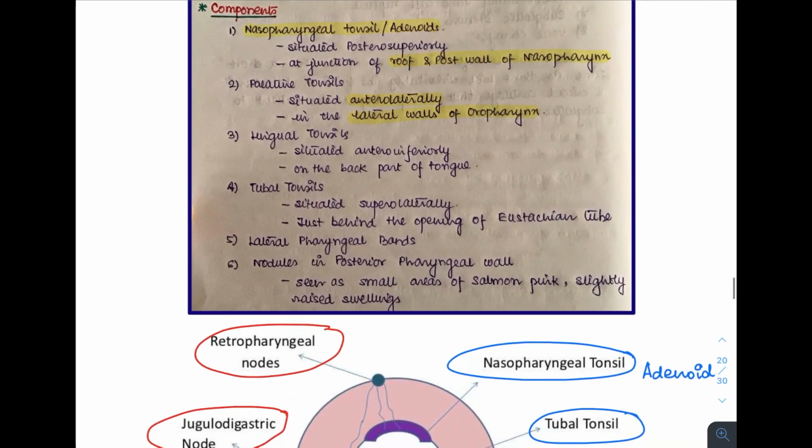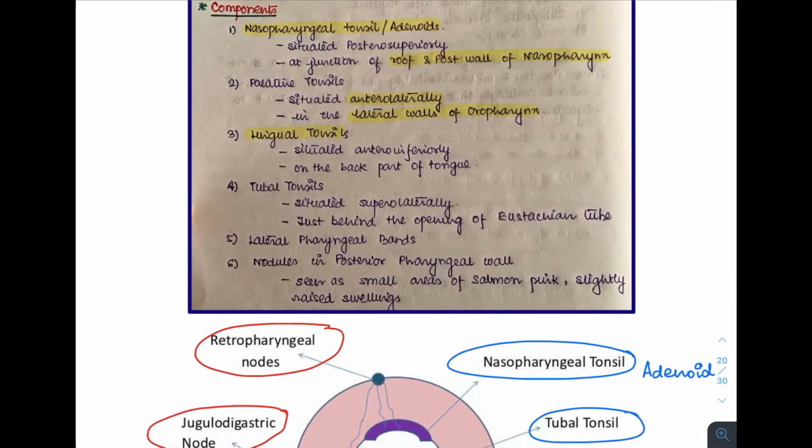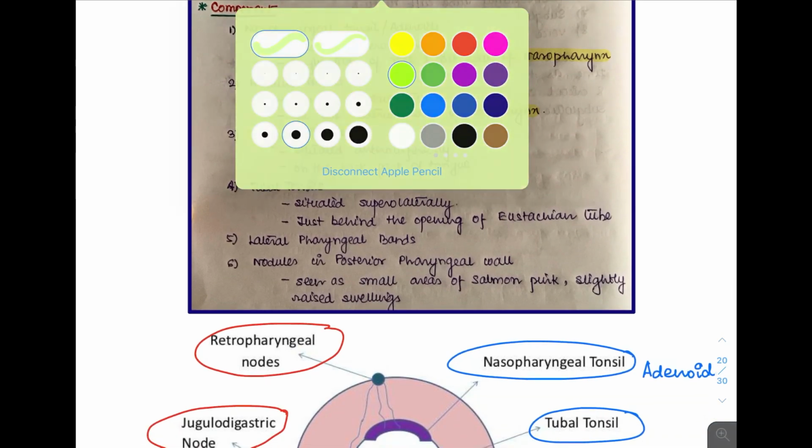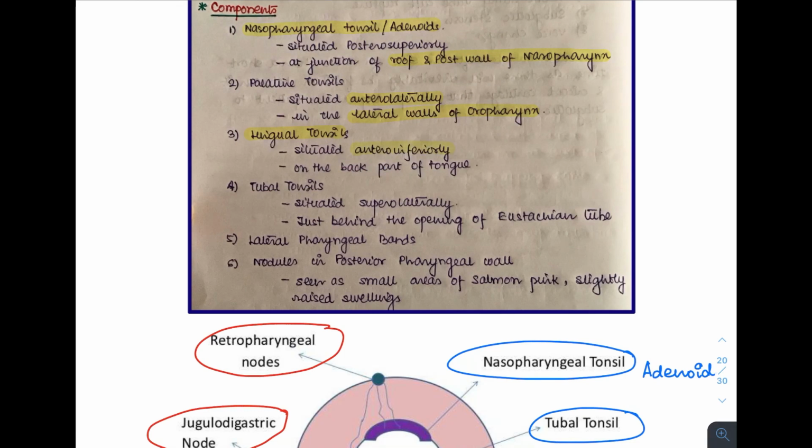The third structure is the lingual tonsils, which are situated anteroinferiorly on the back part of the tongue. The fourth important structure here is the tubal tonsils, which are again a part of the nasopharyngeal wall. They are situated superolaterally just behind the opening of an important structure connecting the middle ear with the pharynx, which is the eustachian tube.